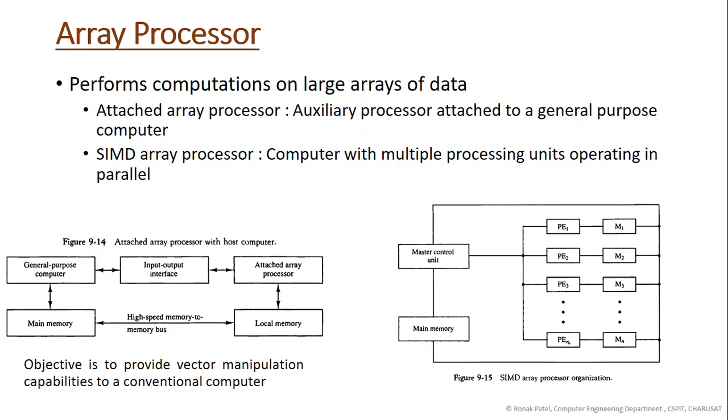Each processing element can perform the same task. Suppose I give addition, then all will perform addition on different data. Different memory modules are attached, so they will perform the operation on different data. So this will perform in parallel.